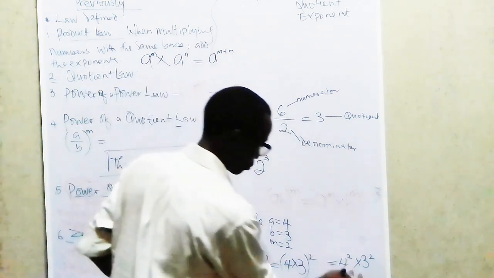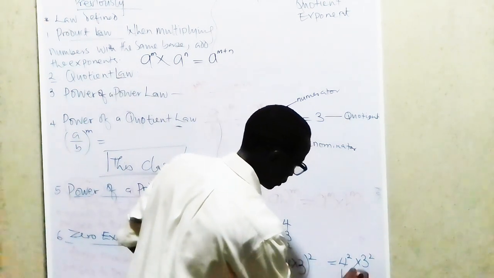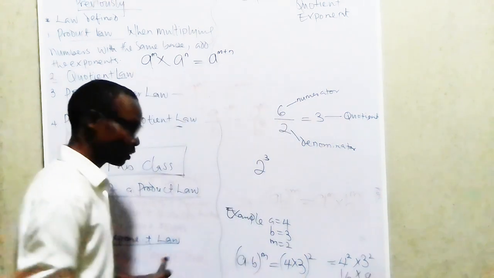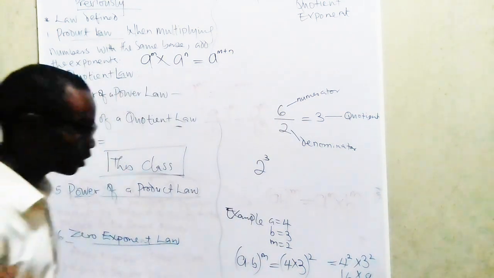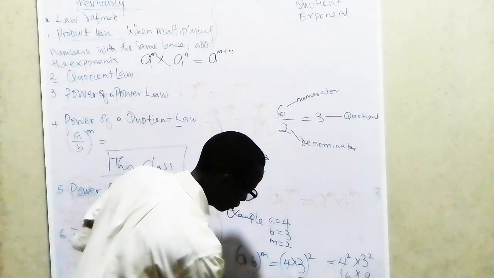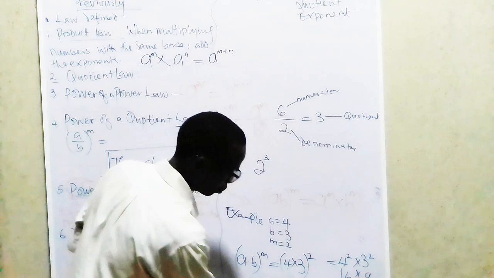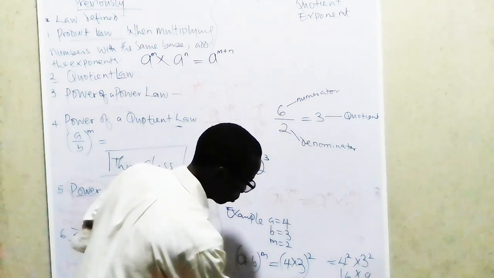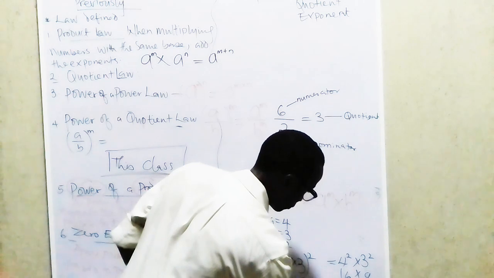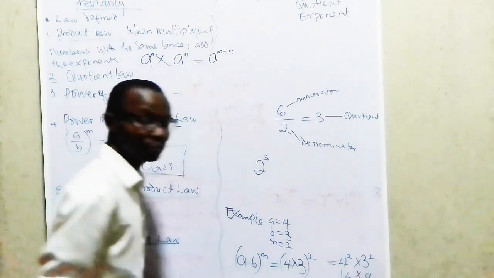Let's go. What is 4 raised to the power 2? 16. And what is 3 raised to the power 2? 9. So if you multiply 16 times 9, it will have the same value as when you have 4 times 3, 12, raised to the power 2. So this 12 raised to the power 2 will give you what? 144. 16 times 9 will also give you 144.